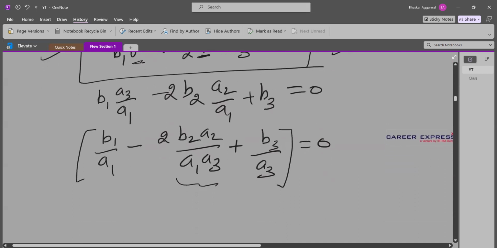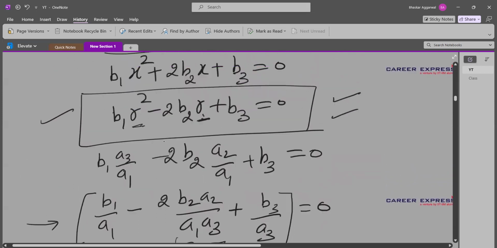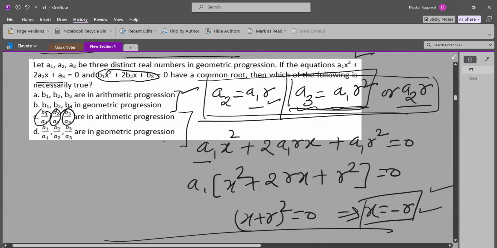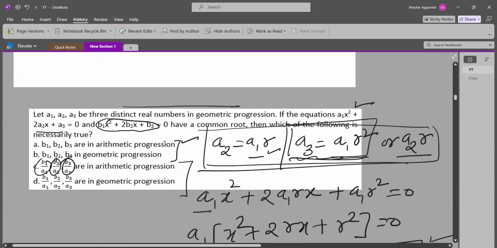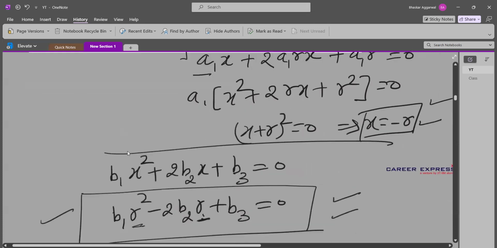If we go by the symmetry, we should have b2 and a2 here. So let us try to replace a1 and a3 with something. Because a1, a2 and a3 are all in GP, I can say a1 into a3 is a2². That information can also be used.